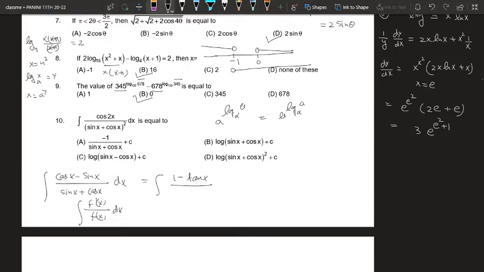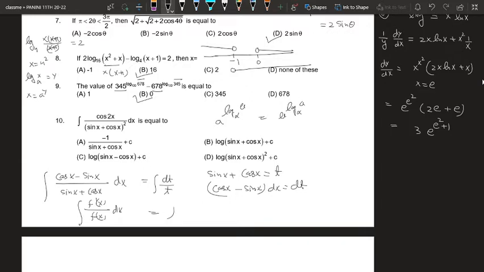Okay, so if we let the denominator, sin x plus cos x, be equal to t, then its derivative, cos x minus sin x dx, is equal to dt. So if we substitute this, the problem would be dt over t.